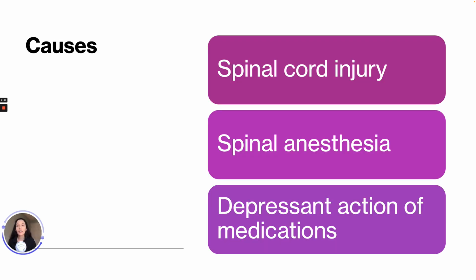So the causes of neurogenic shock include spinal cord injury, which causes hypotension and bradycardia.